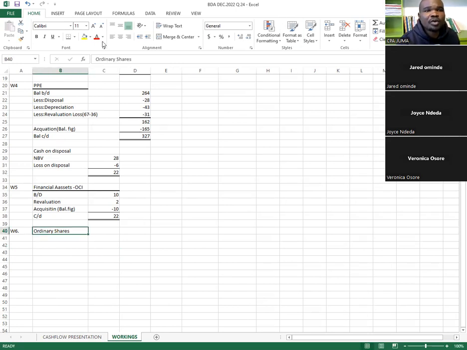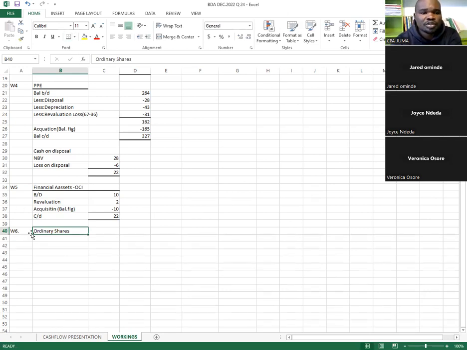I want to see whether they issued shares for cash. That is my main intention. So you'll say balance brought down, in bracket, add ordinary and share premium. That is one category. So it is just 150 plus 0. If you check premium at the beginning, 150 plus 0, that is 150. So when we started the year, shares was 150.